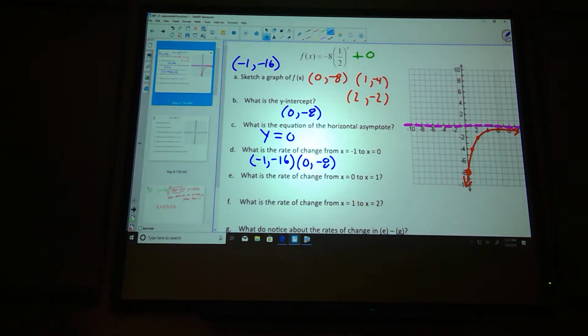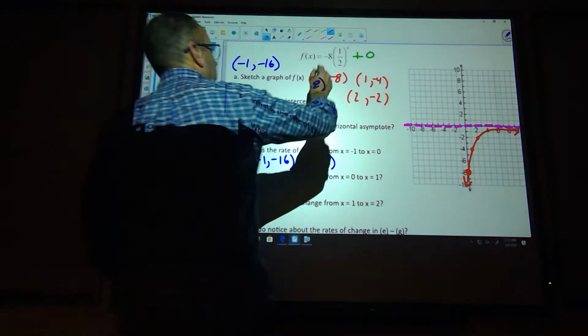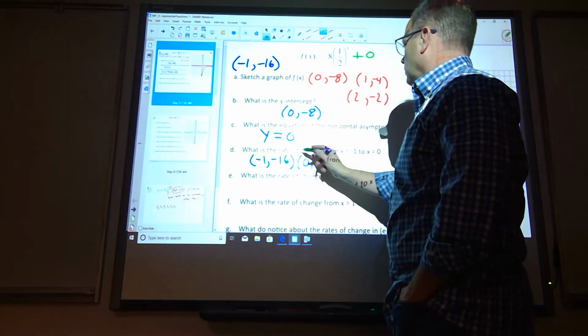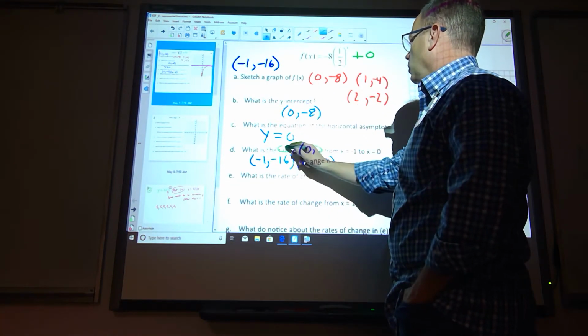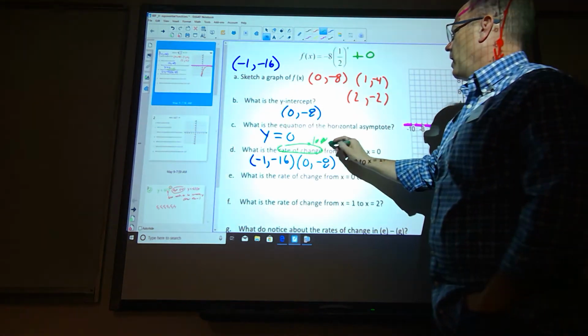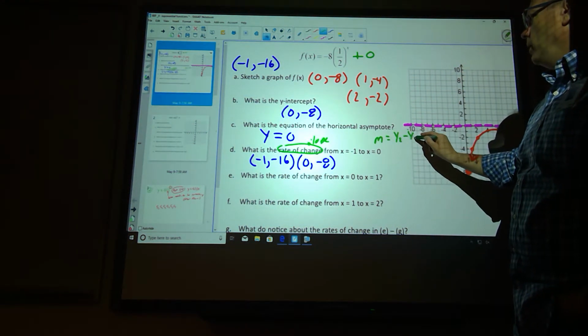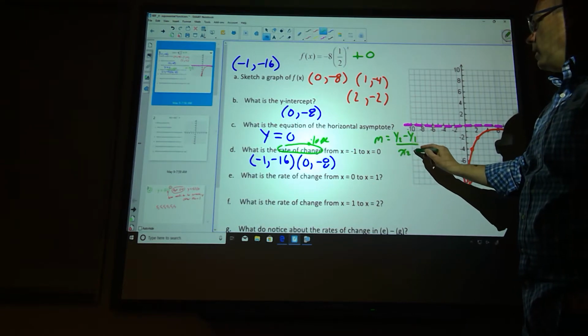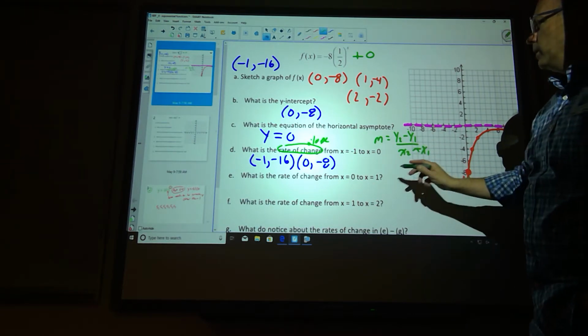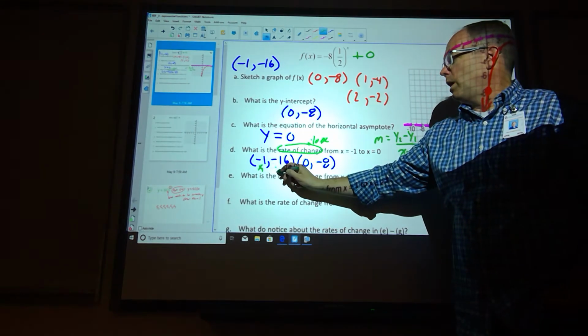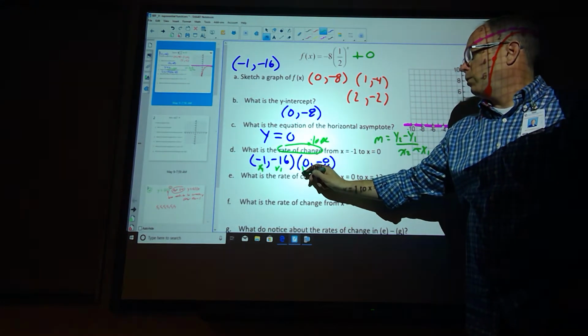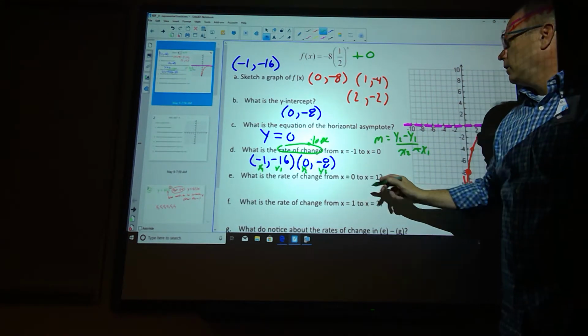What in the heck does rate of change mean? The slope is exactly right. So rate of change means slope. So we have to go back and remember our slope equation. Our slope equation is y2 minus y1 over x2 minus x1. So if I label it x1, y1, x2, y2, let's plug those in.